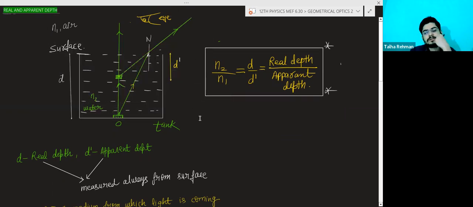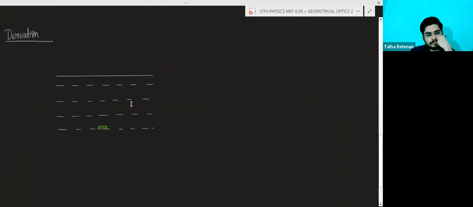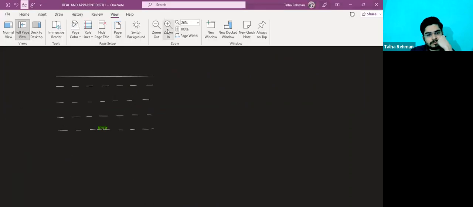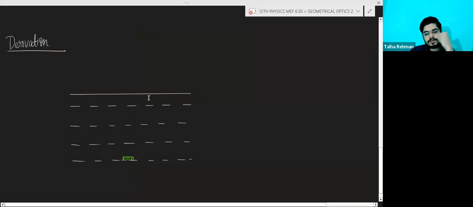So for the derivation of this, any two media you can take. This is an object, and this is, suppose, any medium. Here is the water.